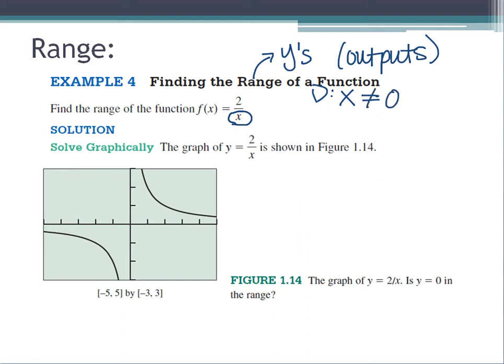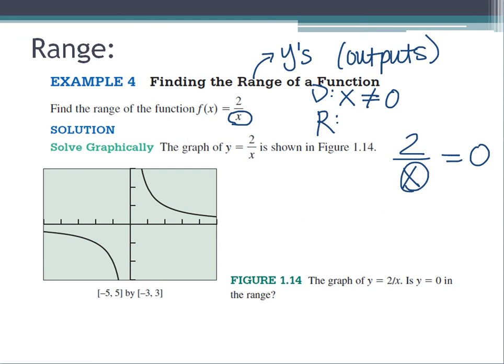Now the range, think about what you're going to get out. Just start thinking about, could I get positives? Sure. Could I get the number 2? Sure. Could I get the number 1? Sure. Can I get 0? How are you supposed to take 2, divide it by an x, and get 0?